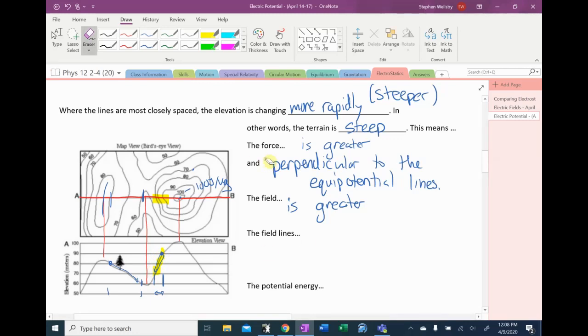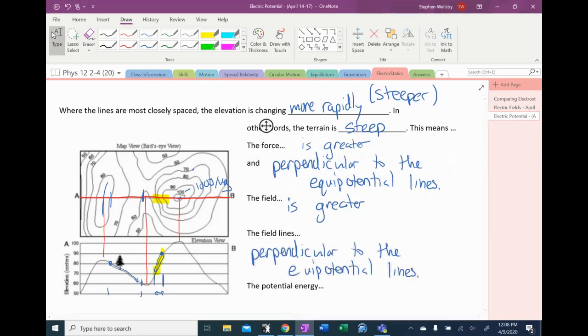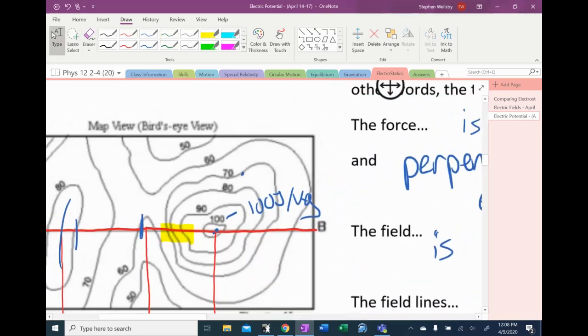same thing as we said up here, perpendicular to the equipotential lines. So let's take a look at what that means in depth here. If I were to roll a ball here, let's say I dropped off a ball here, what would be the direction it would move?